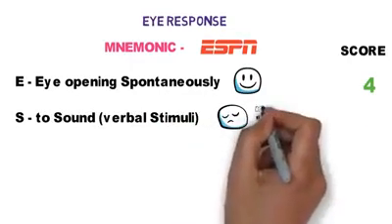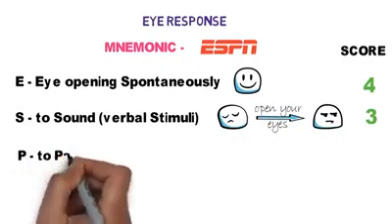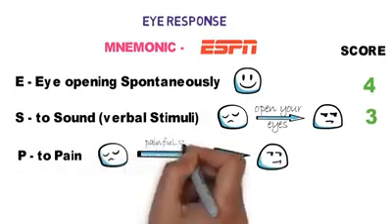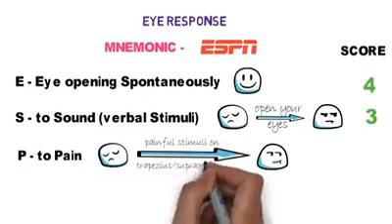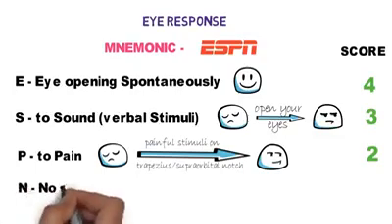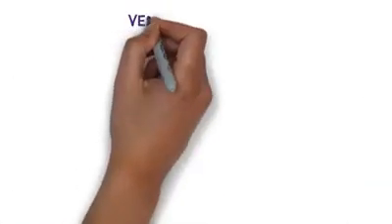If on calling or asking to open the eyes, patient opens eye, then eye score is 3. P for pain. If patient opens eye on giving painful stimuli, that is on pressing trapezius or supraorbital notch, then eye score is 2. And if there is no response, then eye score is 1.